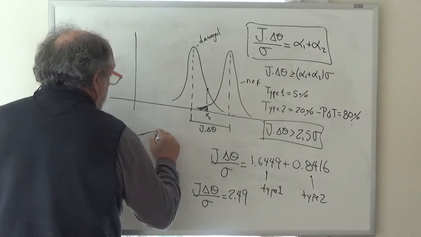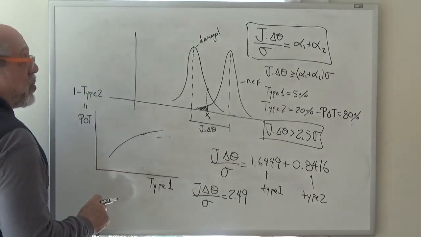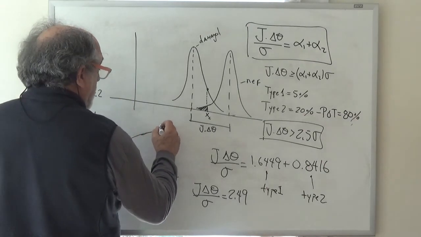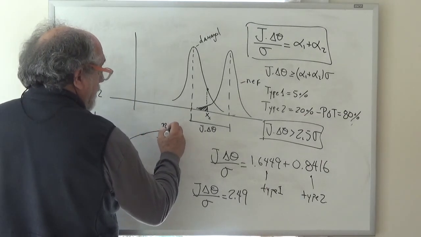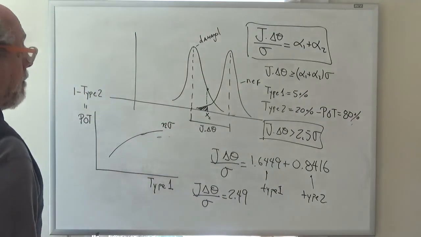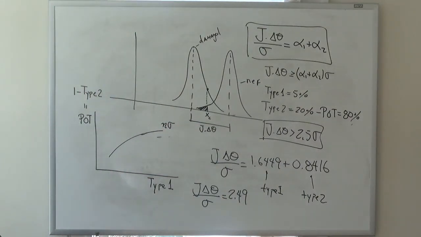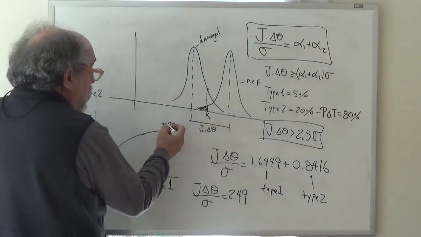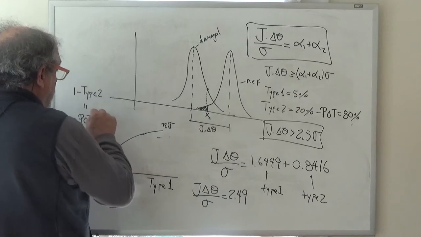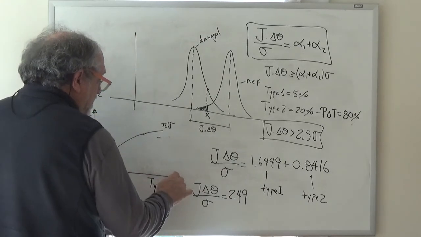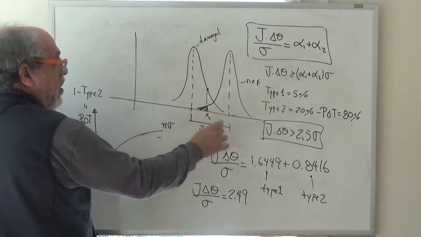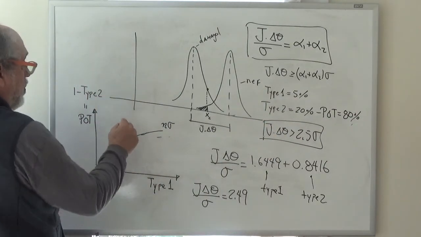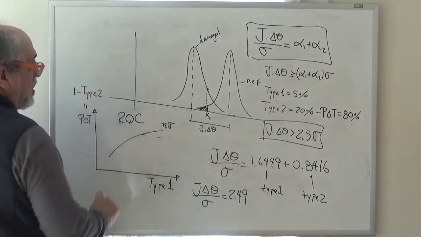In order to be able to plot this curve, you have to assume, right? What is your J theta? And that would be 1, 2, 3, 4, 5. And this plot, power of the test versus type 1 for n numbers of standard deviations of the curve, is what's called the receiver operating characteristic curve.